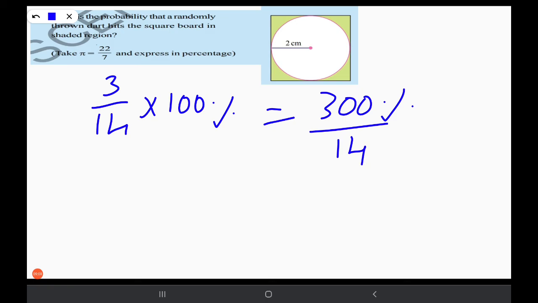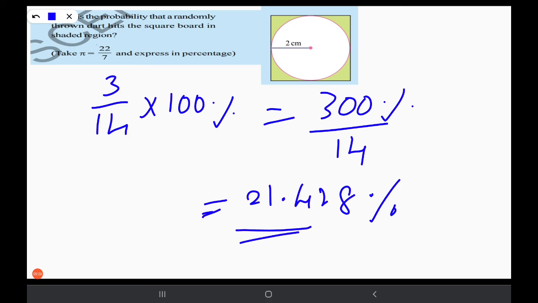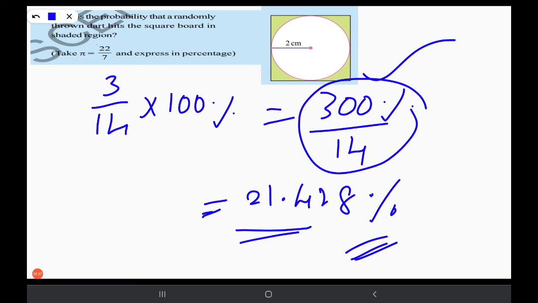If you take the division, you will get approximately 21.428 percentage. Here I have written the answer directly, you can try this division. If you take the division 300 by 14, it becomes 21.428 percentage. This is the required probability. I hope you understood. Thank you.